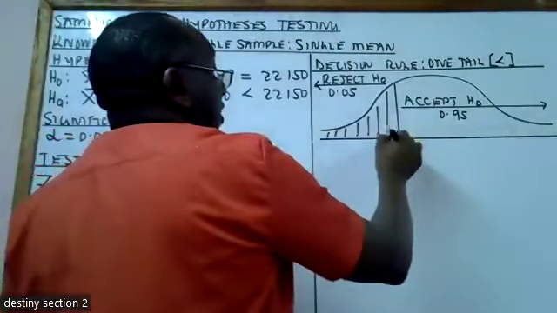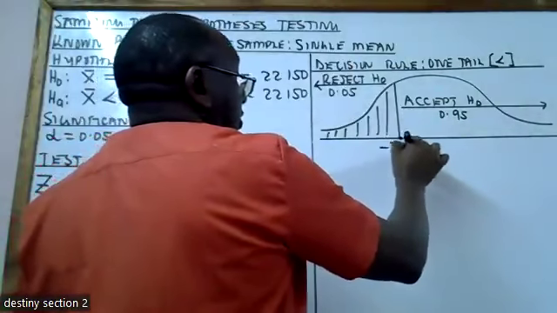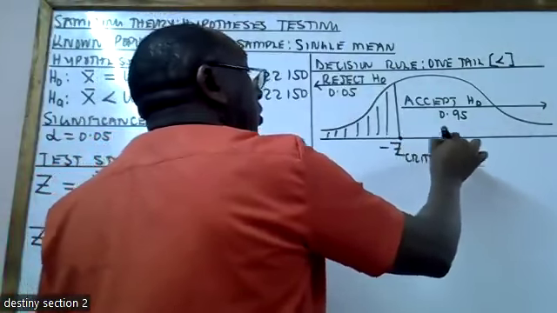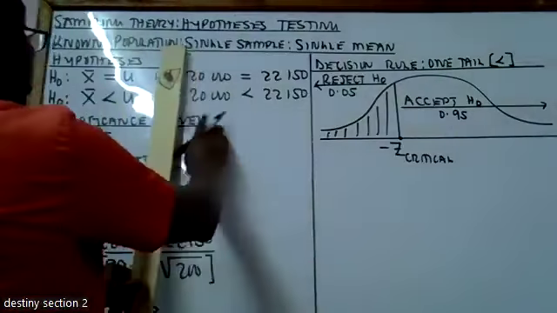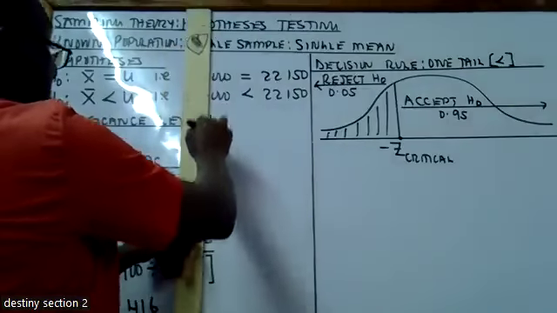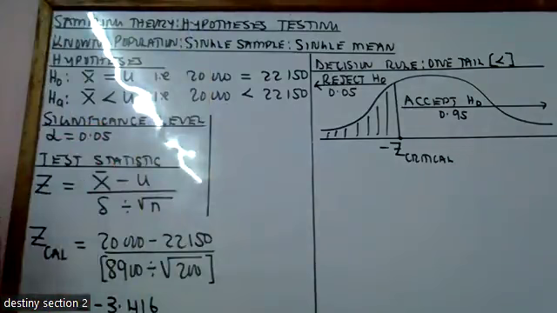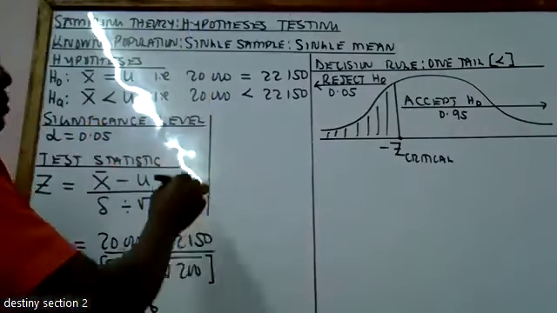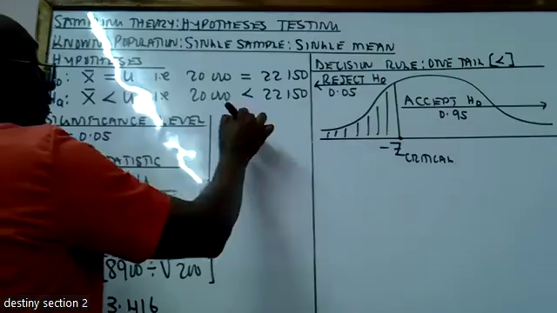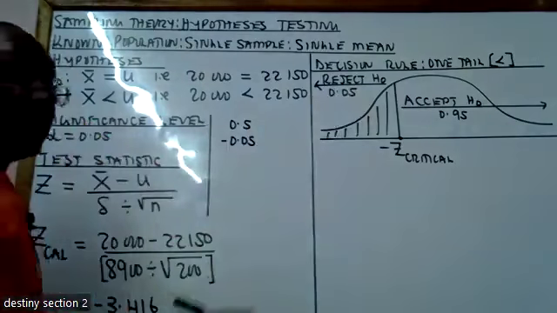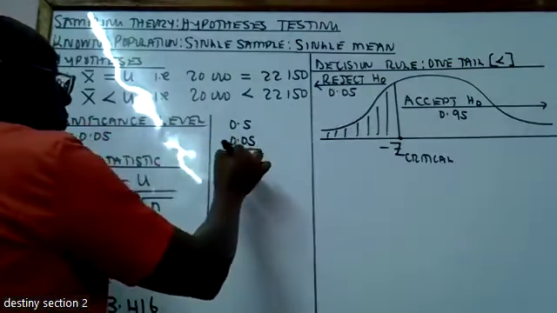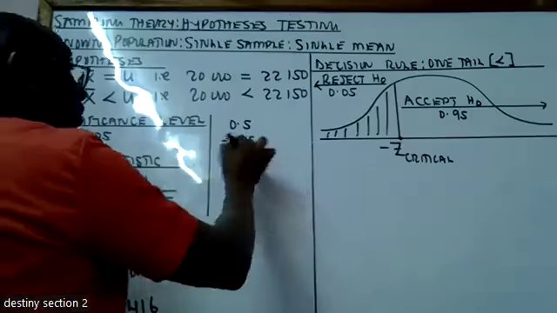If you find yourself here, we will say accept null at 0.95. Then this one is negative Z critical. For the negative Z critical, you go to your table and look for 0.5 minus 0.05. It's not divided because it's one-tailed. So you will look for 0.45.